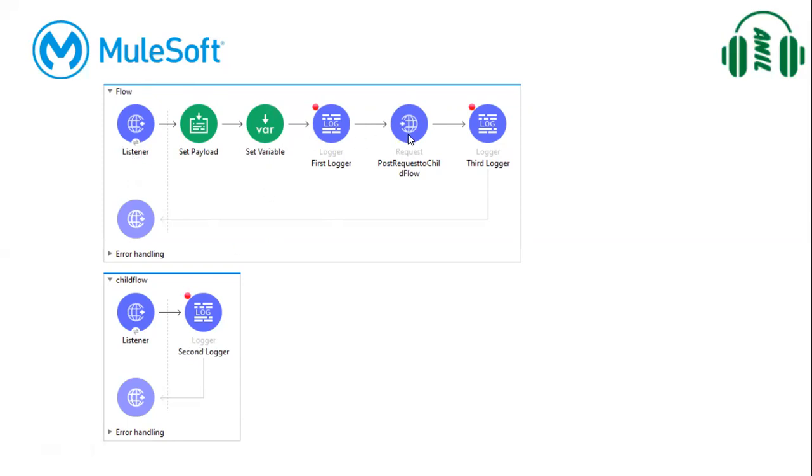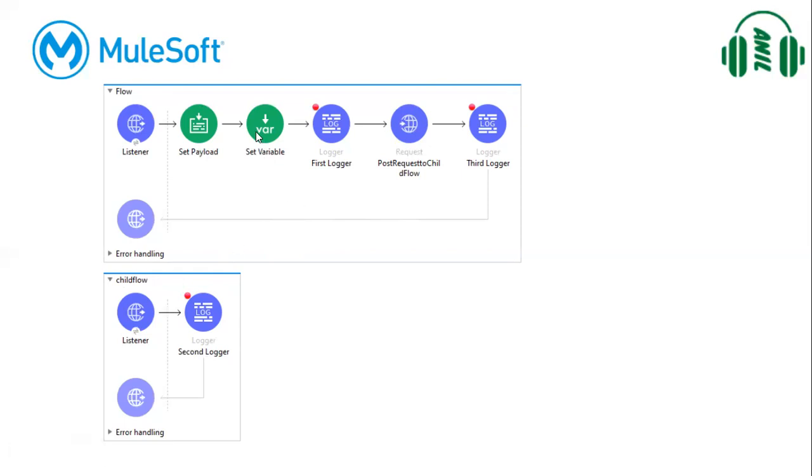When you call your subflow with flow reference, definitely you can access this variable in the child flow. But here you are connecting to the child flow using HTTP requester. In this case, the child flow can be any third-party application, so there is no link.